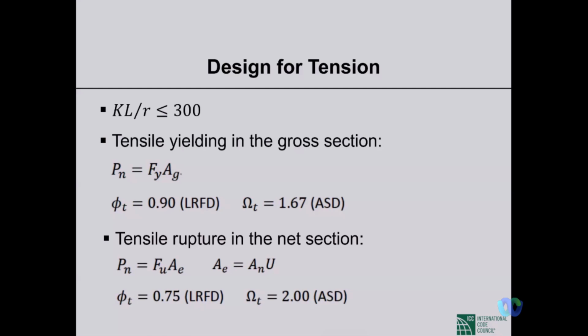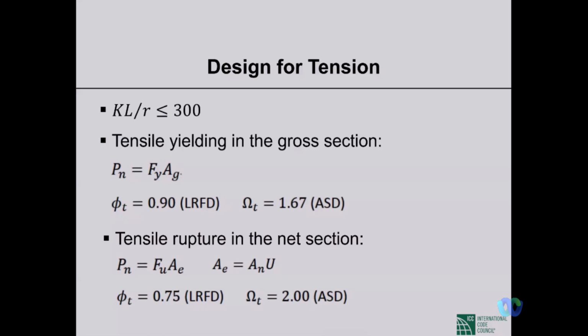One is the yield stress level check, that is the capacity we'll calculate is Fy into Ag. So to check yielding, we'll consider the capacity by multiplying yield stress with gross section.